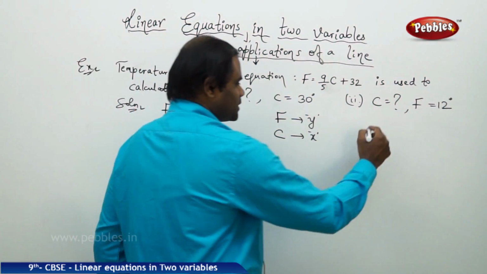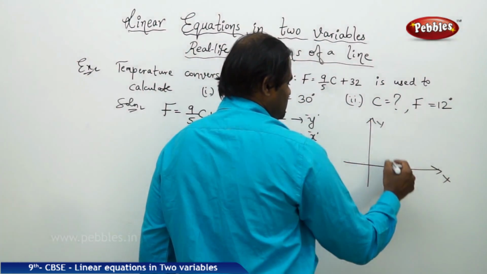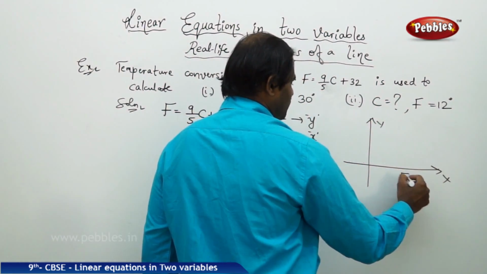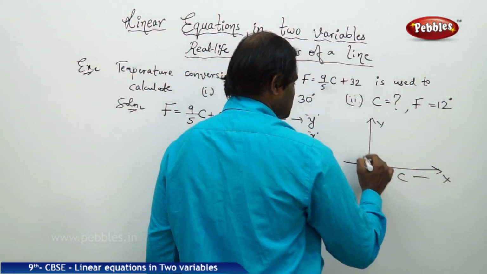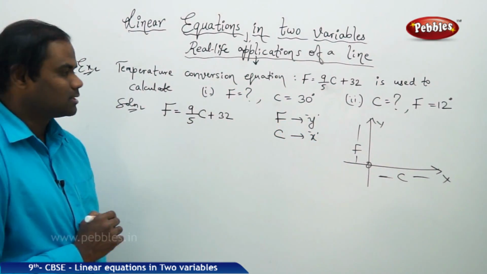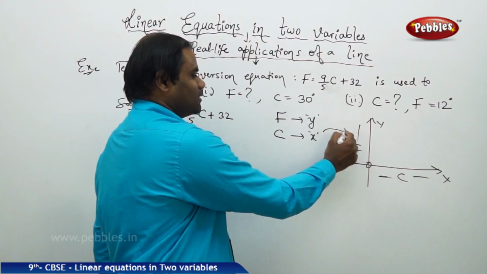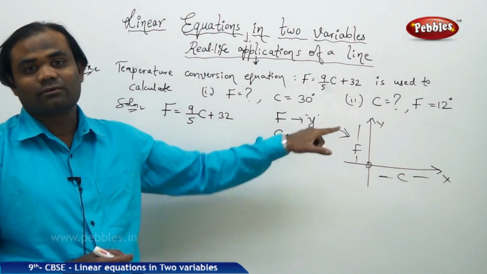When I take the x-axis and the y-axis, centigrade comes on the x-axis and Fahrenheit comes on the y-axis, which is how we understand C and F graphically, C for x and F for y.